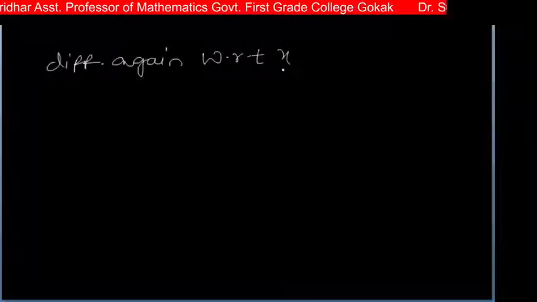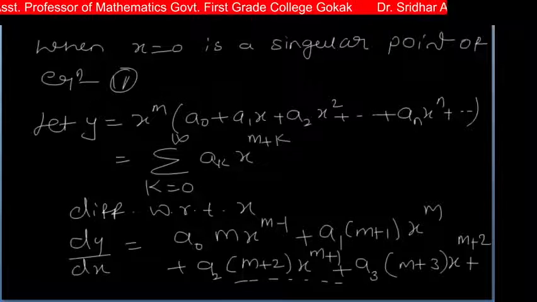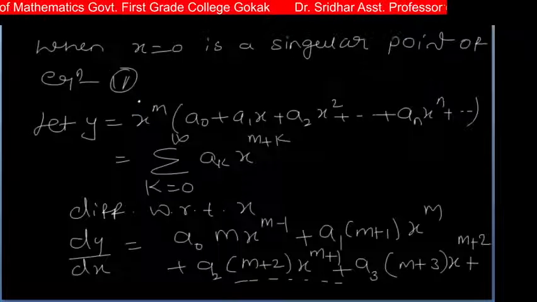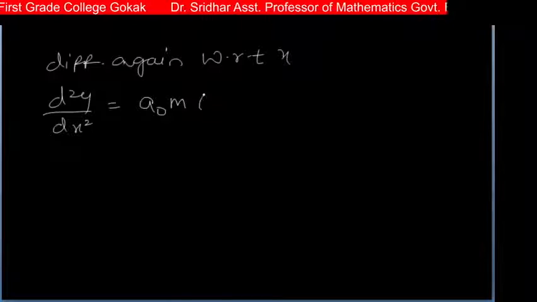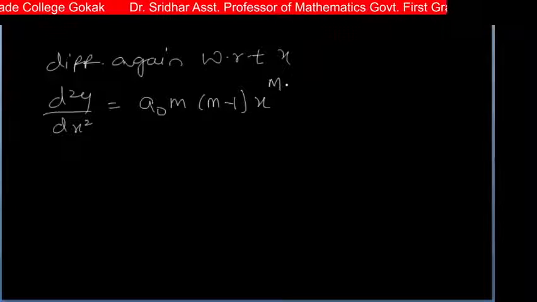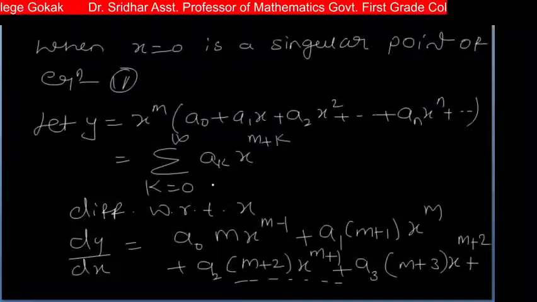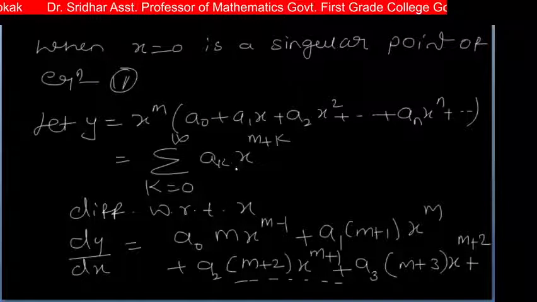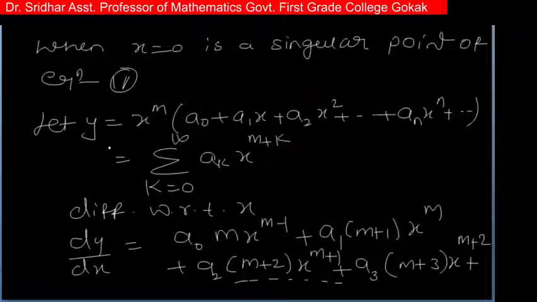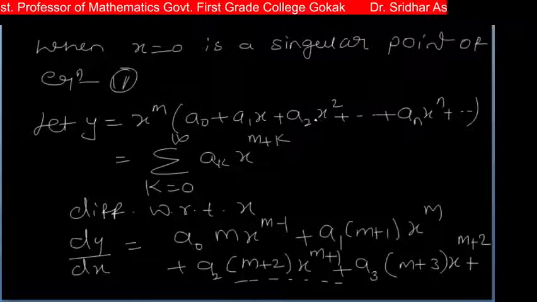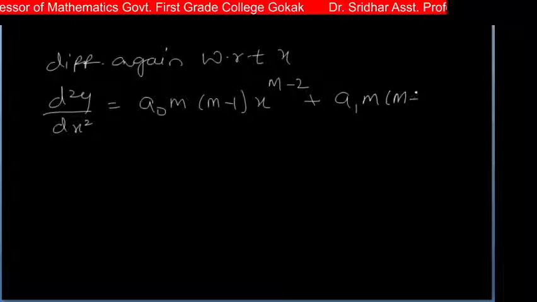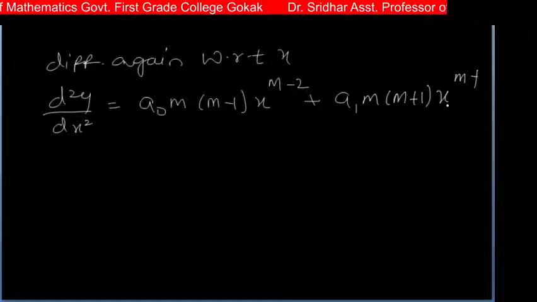With respect to x, which gives d square y by dx square is equal to a0 into m minus 1 into x to the power m minus 2, plus a1 into m into m plus 1 into x to the power m minus 1.